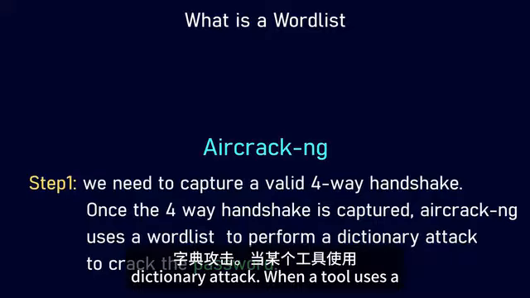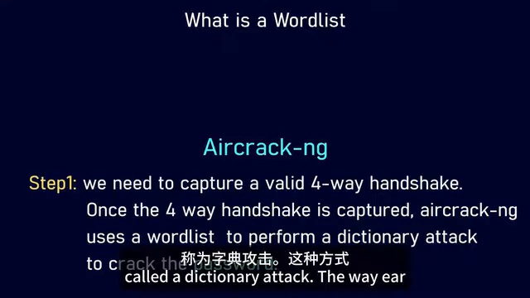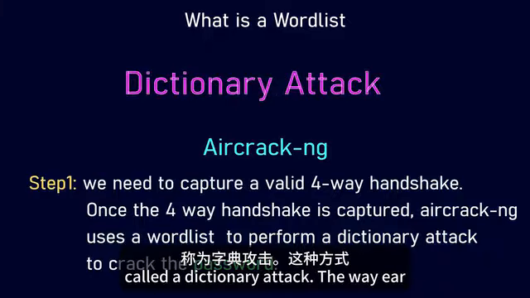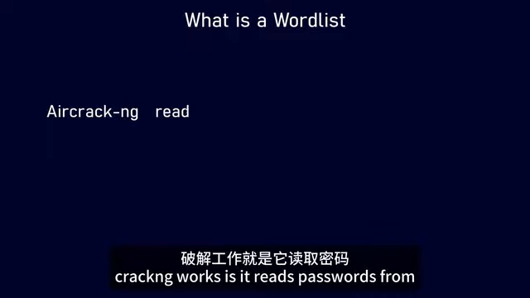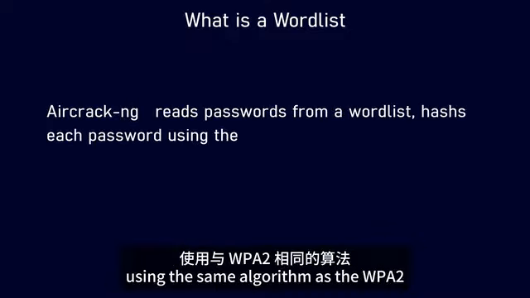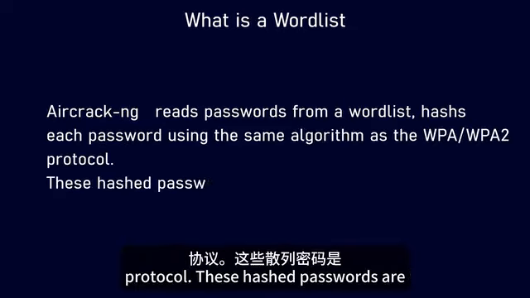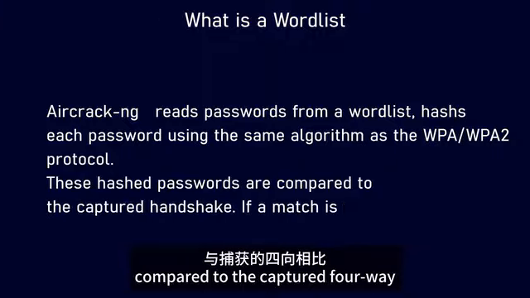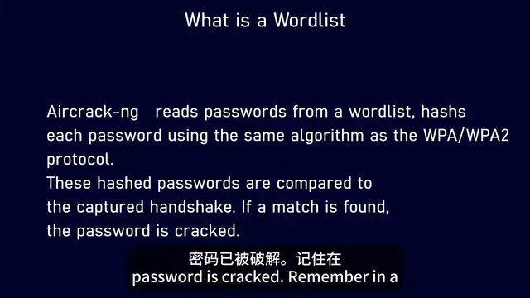When a tool uses a word list to crack a password, it is called a dictionary attack. The way Aircrack-ng works is it reads passwords from a word list, then hashes each password using the same algorithm as the WPA2 protocol. These hashed passwords are compared to the captured four-way handshake. If a match is found, the password is cracked.